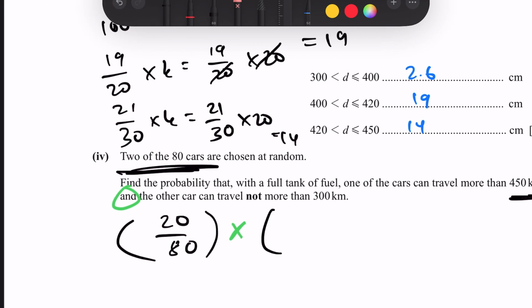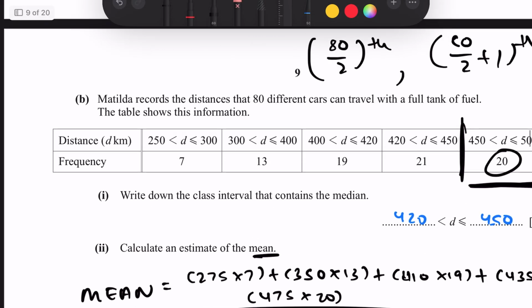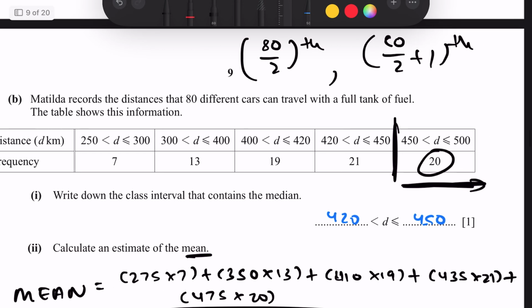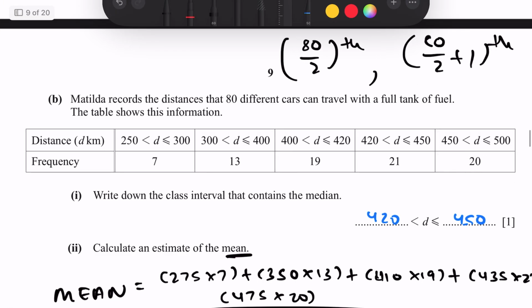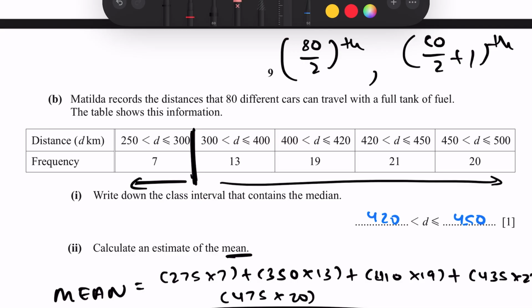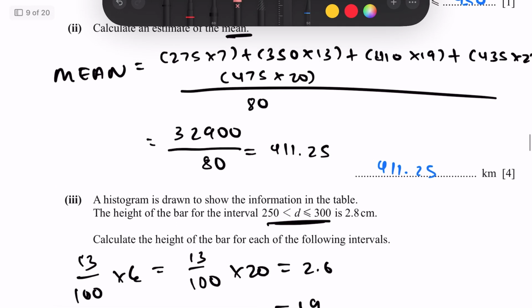So the odds that the other car can travel not more than 300 kilometers, let's see it again. If we erase this but use the same idea, if this is where 300 lies, not more than 300 is equal to 7, since only 7 cars can travel not more than 300. That's all these cars over here travel more than 300 kilometers.